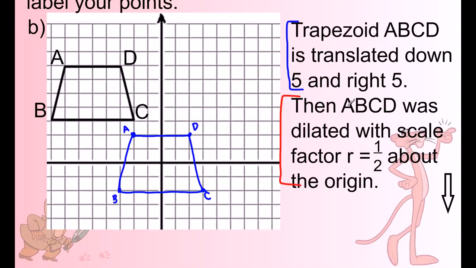Okay, now, then ABCD was dilated with a scale factor of r equals 1/2 about the origin. So I'm dilating about the origin. So all these points are going to zoom in towards the origin with a scale factor of 1/2, which means everything's going to be half as far away. All right, so for me to get from the origin to D, I would go up 2 over 2. Well, half of that would be up 1 over 1.